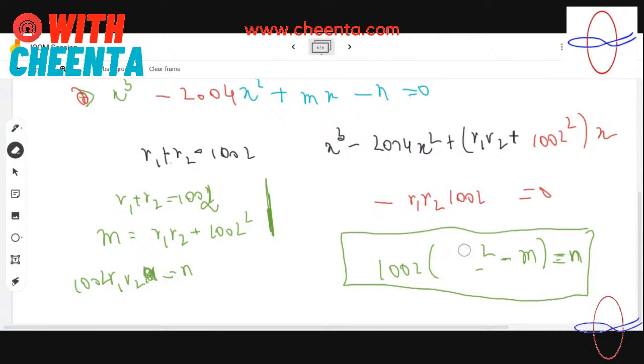It will be m minus 1002 whole square. So now you see an upper bound over here. m must have some upper bound. So what is the possible upper bound of m?